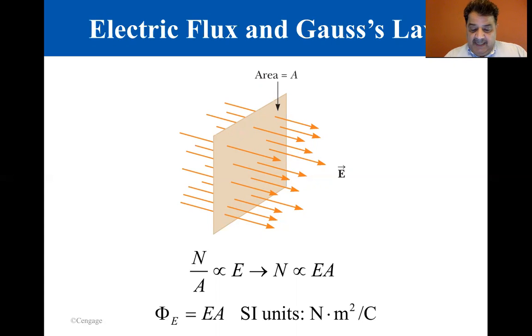Phi is equal to EA. The electric flux is proportional to the number of field lines that pass through some area A oriented perpendicular to the field. We call it flux by analogy with the term flux in fluid flow, which is the volume of liquid through a perpendicular area per second.